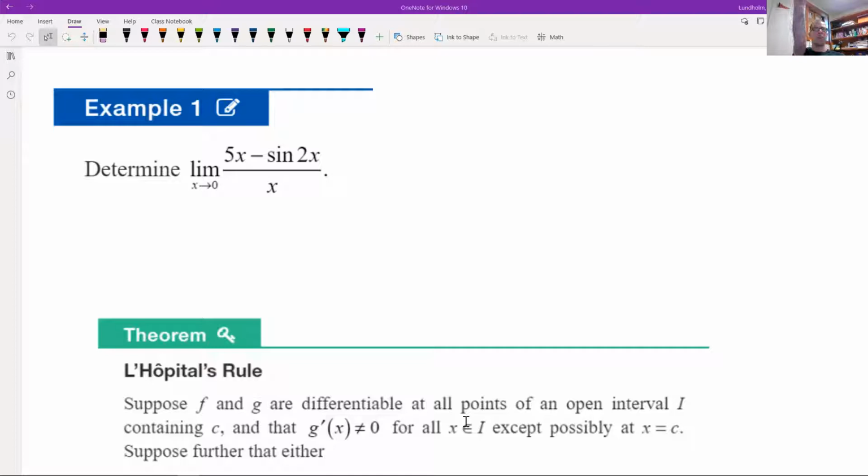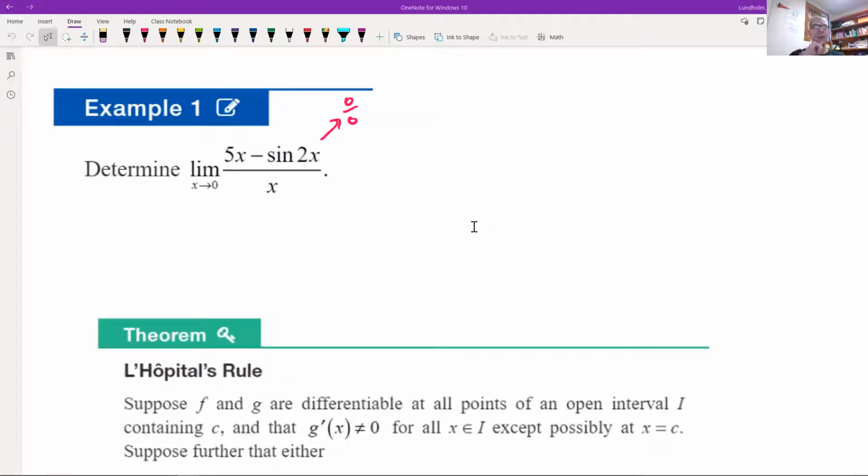So if we wanted to evaluate this limit, we've got the limit as x approaches 0 of (5x minus sine of 2x) over x. If you put in 0 everywhere there, you're going to get 0 over 0. So we are in an indeterminate form. That's something that you need to check every time.